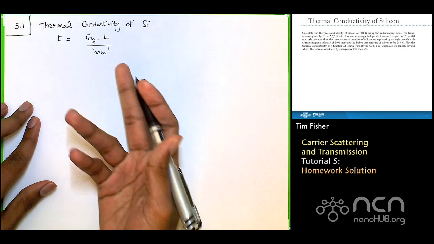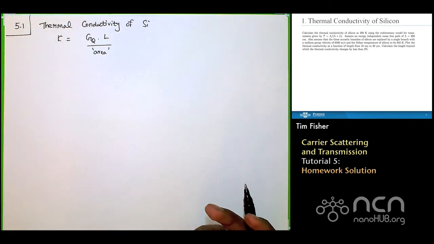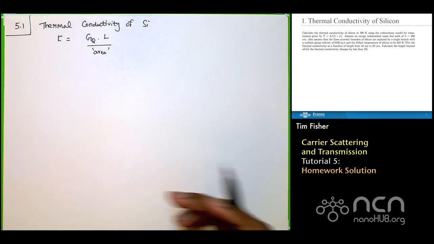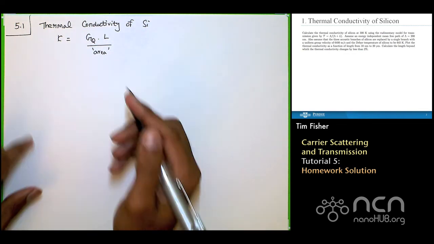We write area under quotes here because area can mean different things in different dimensions, but this is just a 3-dimensional problem, so area has the usual units of length square here.